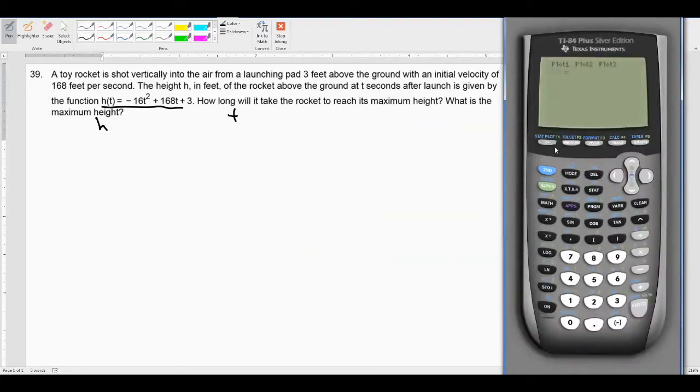If you type it in, negative 16x squared plus 168x plus 3, and we graph it, and you may not be able to see the graph. See if we can do anything under the zoom. Normally there's a zoom fit that would work. Let's see what this does. Does it help any?